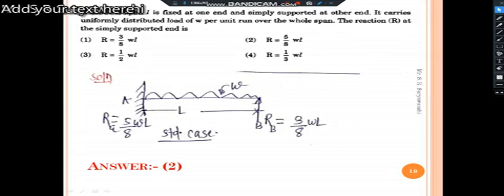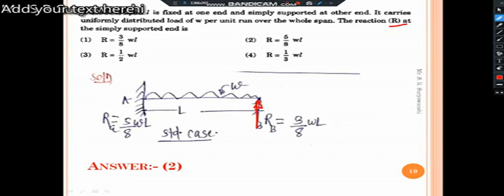A beam of span L, it's fixed at one end and simply supported at other end, means this is the propped cantilever, carries UDL on entire span. The reaction R at simply supported end is, so this is the simply supported end, or it is also called as the propped end. So this is the standard case.